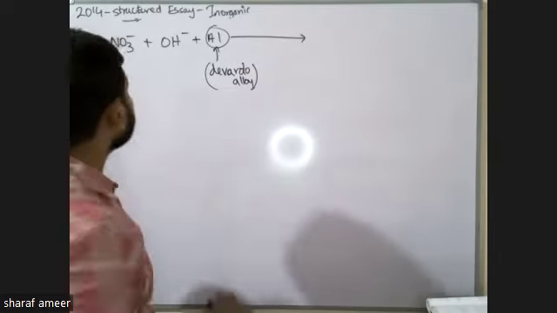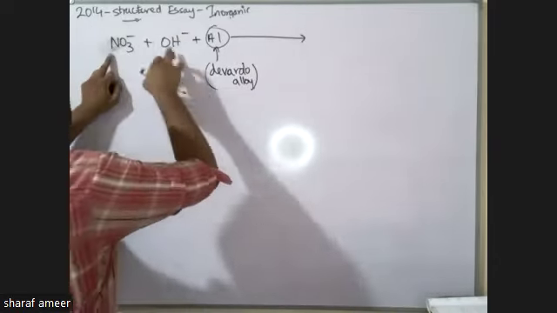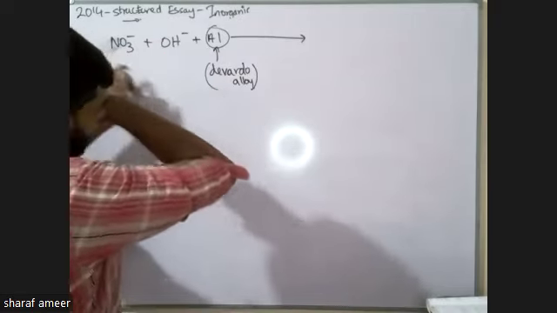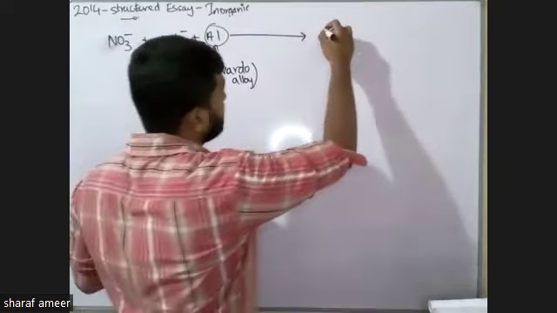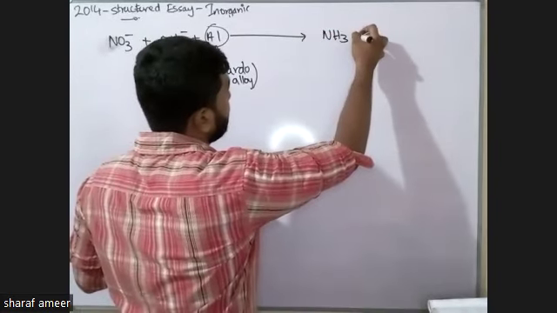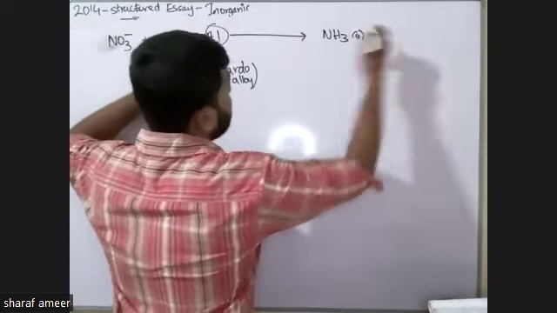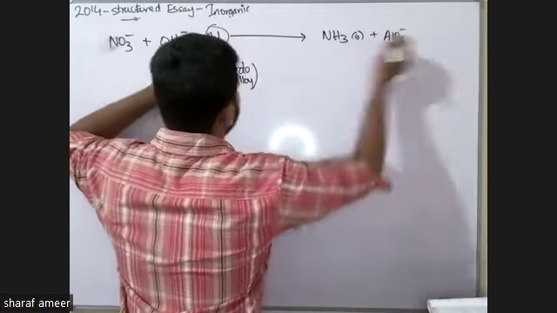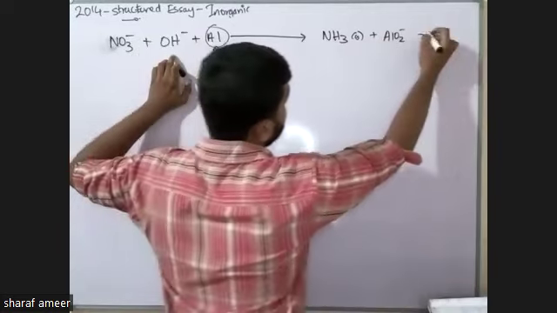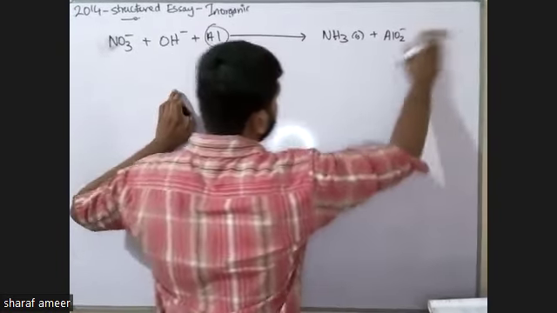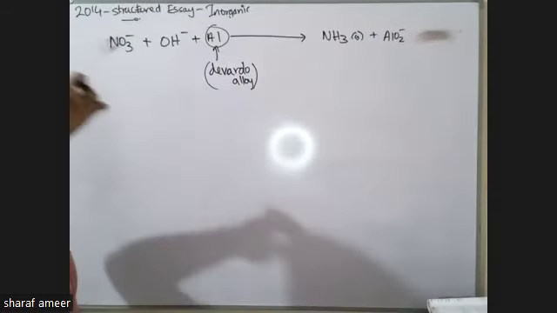Once you add aluminium to nitrate in basic medium, it obviously forms ammonia gas. It forms ammonia. This aluminium will form aluminate, and this hydroxide will go to water here. I'm not sure, we'll try to balance this part.